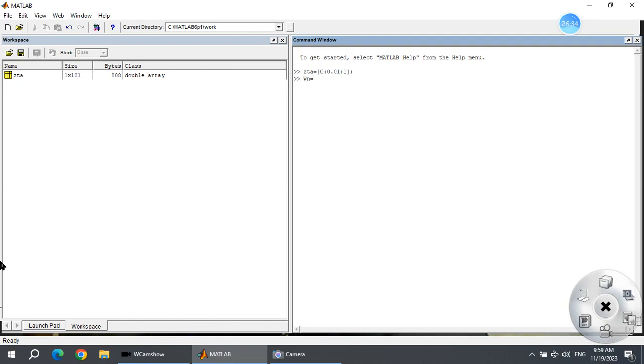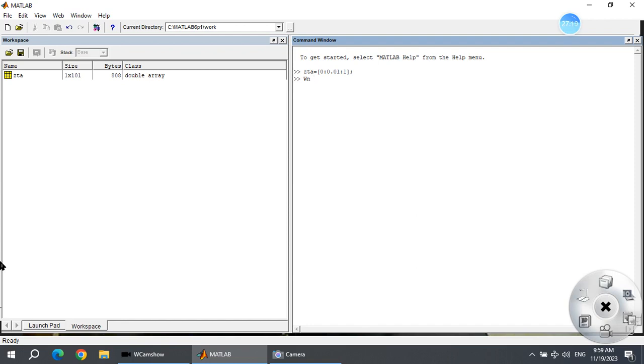Omega n is the distance from the pole to the origin, so it is the absolute value of that pole. I just try omega n times t.